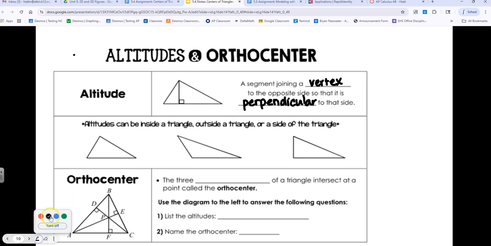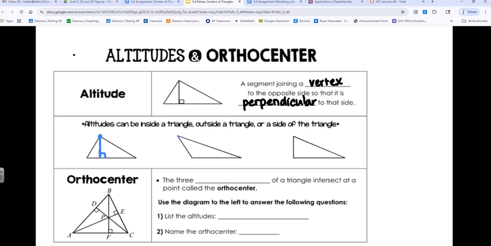Now, altitudes are a little bit odd because altitudes are not always on the inside of a triangle. So, I have 3 different triangles here. The first one, if we take that top vertex and draw the altitude, we would just draw a line straight down perpendicular to the opposite side. That would be your altitude. This is the most common type of altitude that you will see.